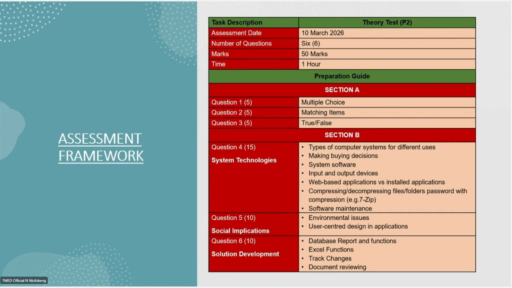What are the benefits, the advantages of user-centered design, and the factors that you need to consider when designing either your website, your database form, or the presentation document? What is it that you actually need to consider when designing all those software applications?